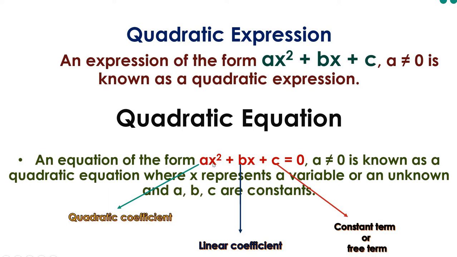So a is the coefficient of x square, so we call it a quadratic coefficient. In bx, the power of x is 1, so it is a linear term, and we call b a linear coefficient, whereas c is independent of x, so we call c either a constant term or a free term.